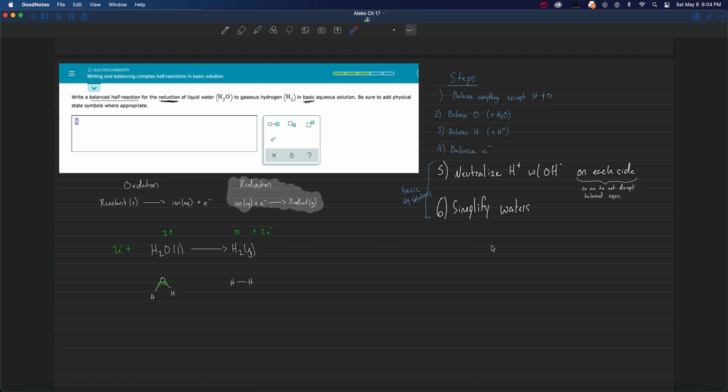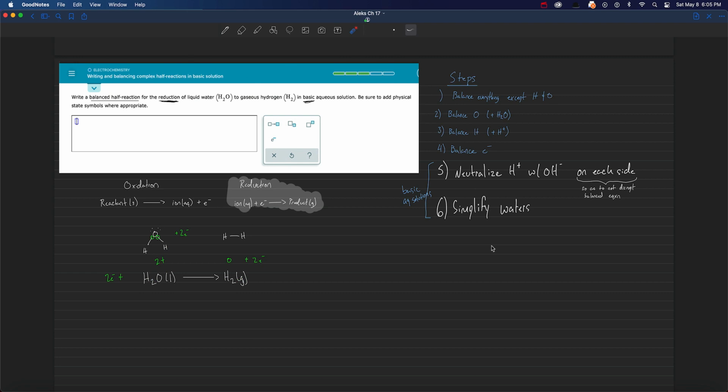So you're gaining 2 electrons to make H2 gaseous, because if not, these would both just have 1 electron, but they wouldn't combine in this diatomic form. So you have to have added 2 electrons. But we'll get to that later. Don't get too confused. Let's just put this at the bottom and put this on top. You'll see what I mean in a bit.